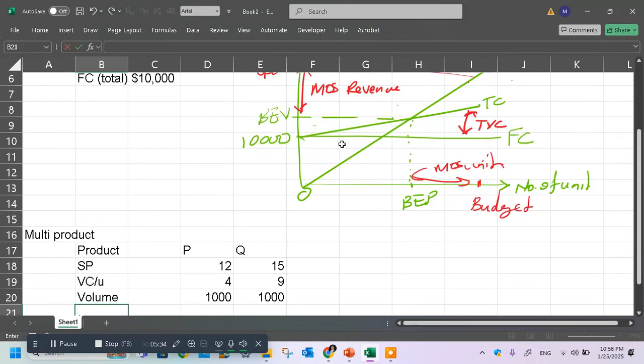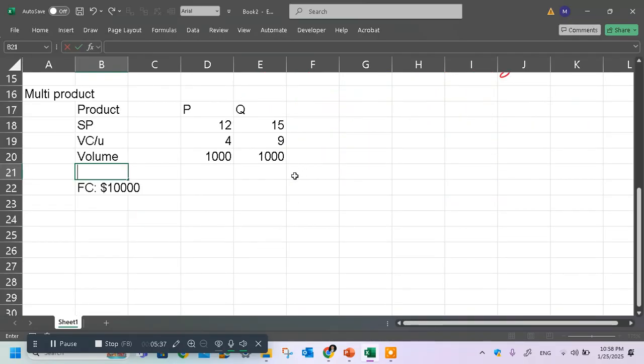Right. So if I want to draw this graph, the traditional break-even chart, how am I going to draw that? Let's see. $, number of units.